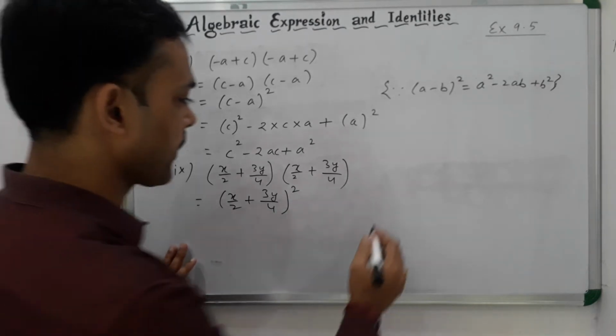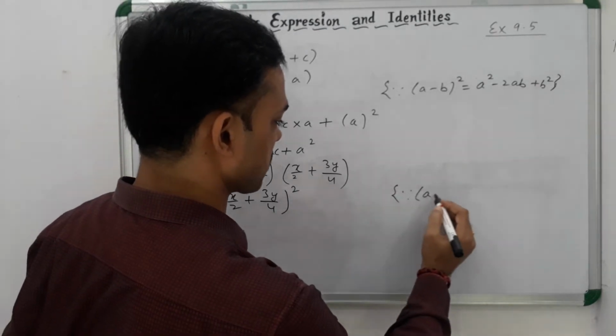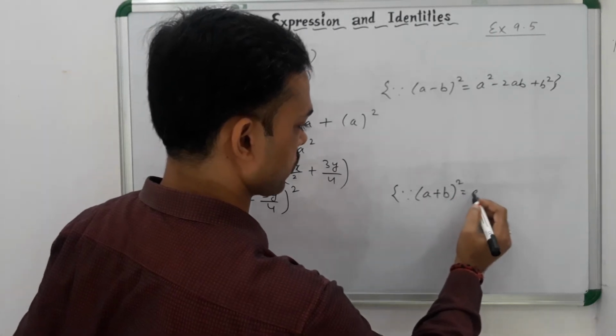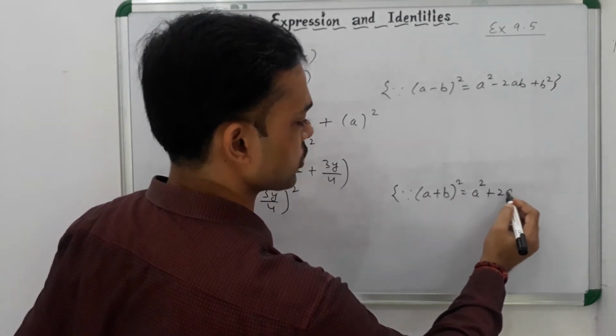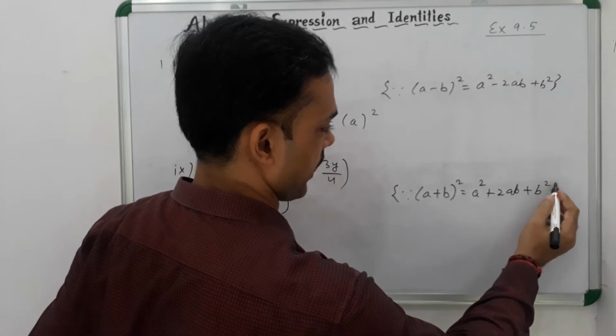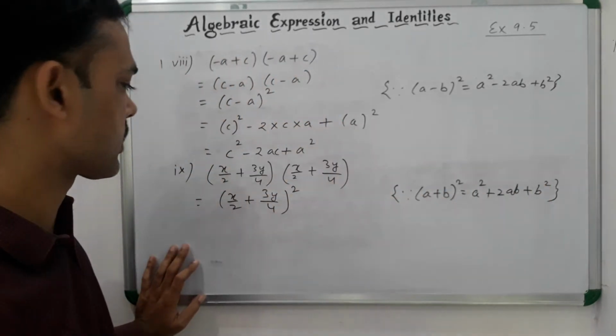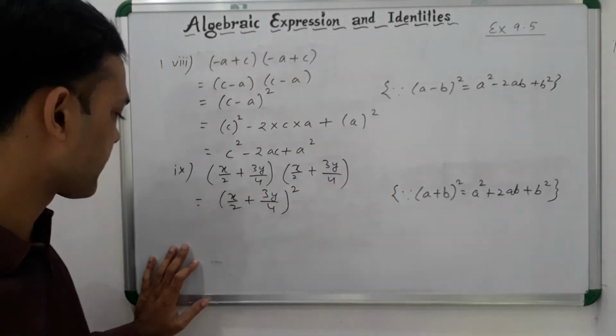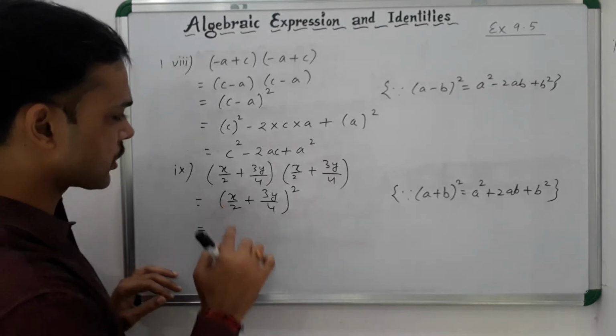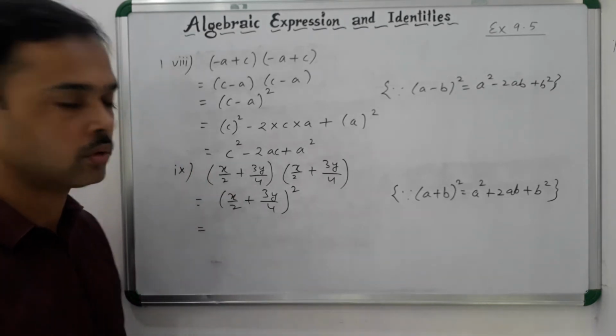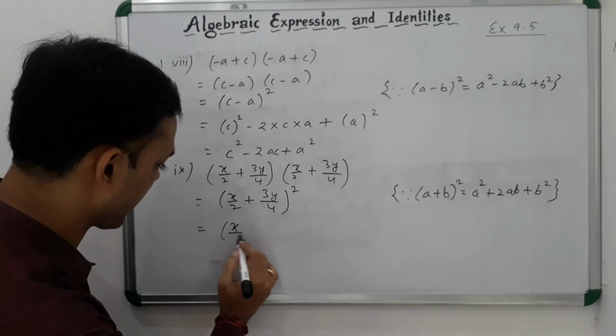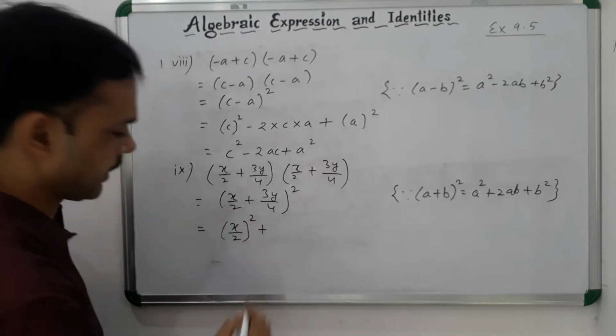Okay. Now you people know that a plus b whole square is equal to a square plus 2ab plus b square, which is our first identity.